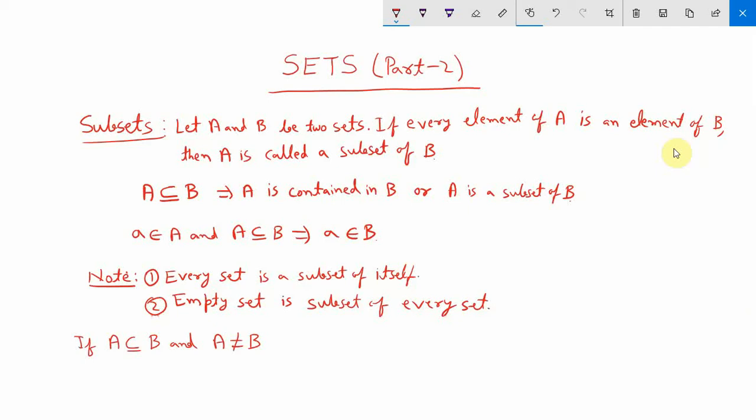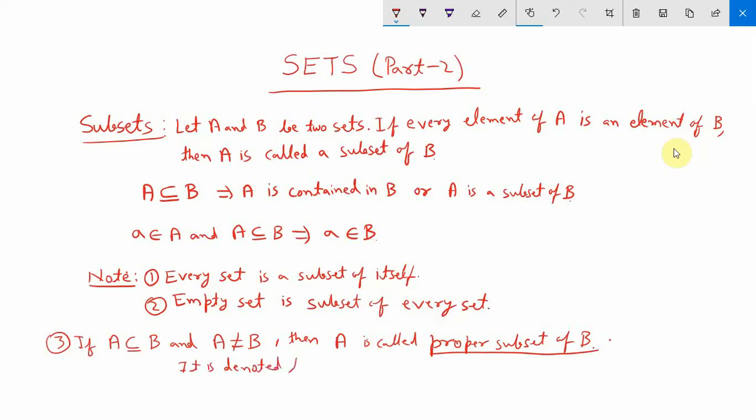So if A is a subset of B and A is not equal to B, then A is called a proper subset of B, and it is denoted by A ⊂ B.